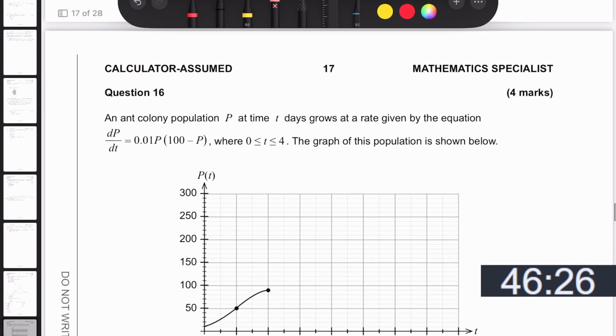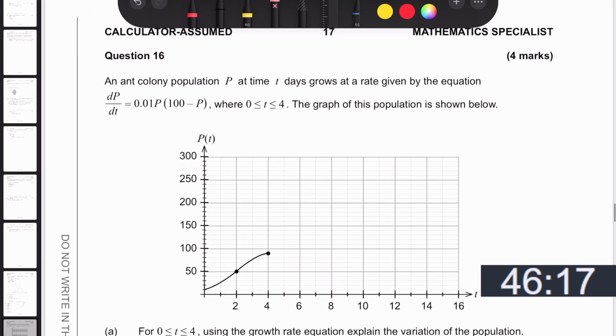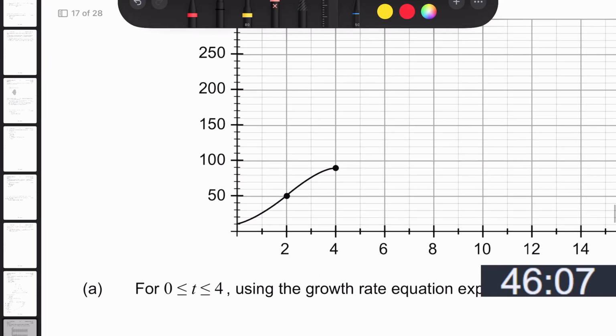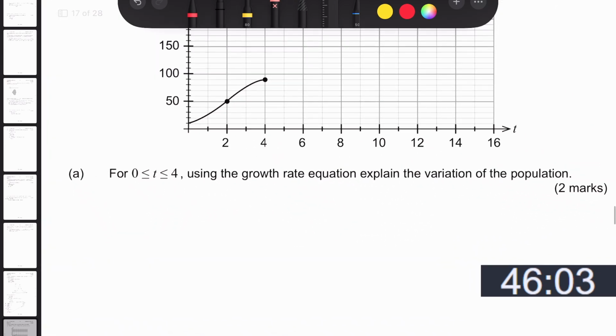So 7 more pages in 40 minutes. An ant colony population grows at a given rate. Using that, explain the variation of the population. Wait, what's my variation of the population?